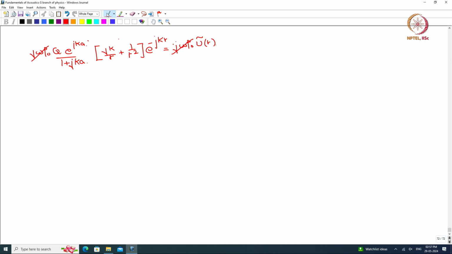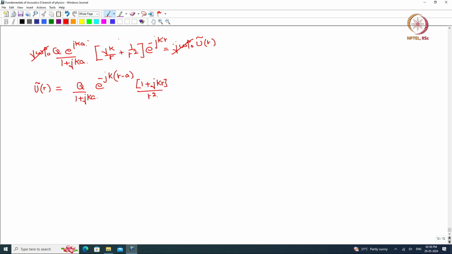Okay, so now my u tilde, the particle velocity at a certain radius, is now given by q by 1 plus j k a, e to the power of minus j k r minus a, and 1 plus j k r divided by r square.